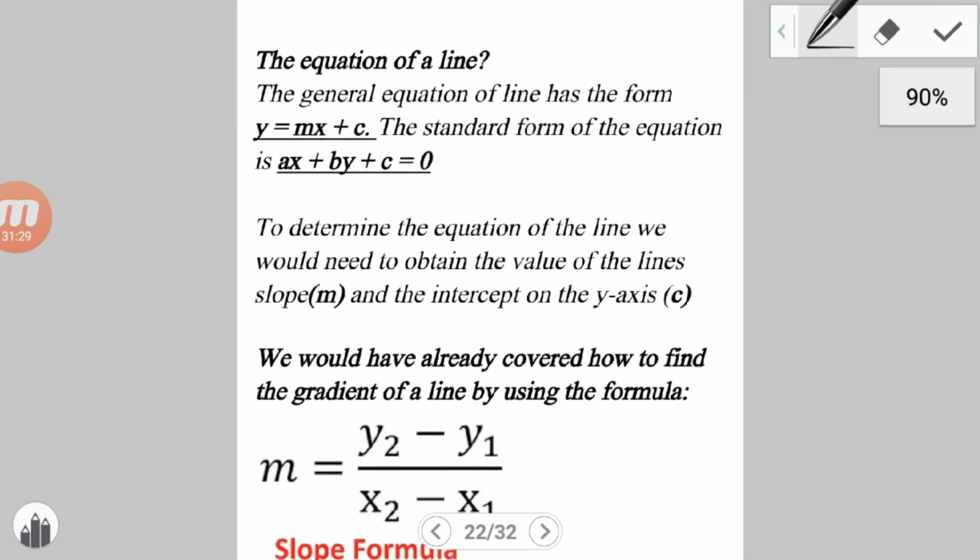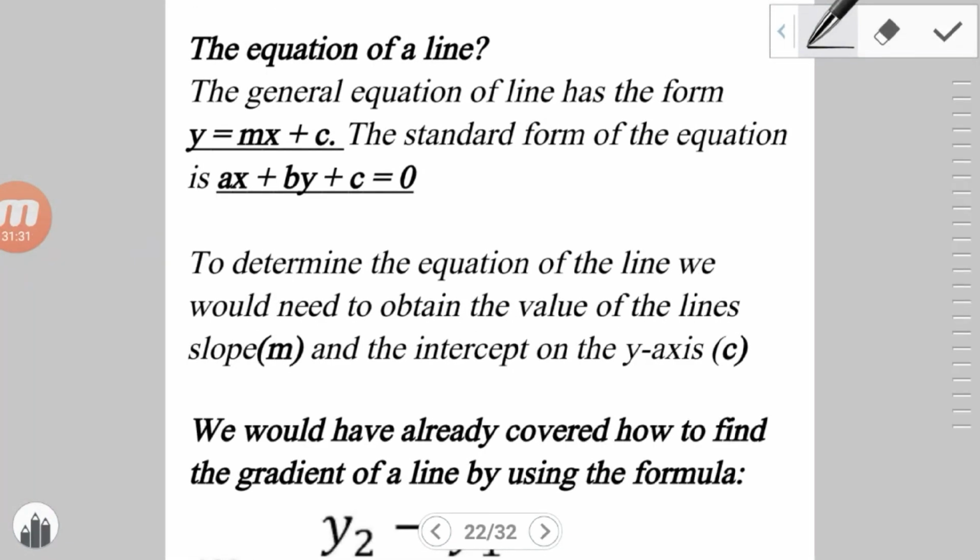As you can see here on screen, the equation of a line, the general equation, has the form y equal mx plus c. A lot of you guys are indeed familiar with this particular formula. Now, there is also a standard form of the equation, which is written as ax plus by plus c equals 0.